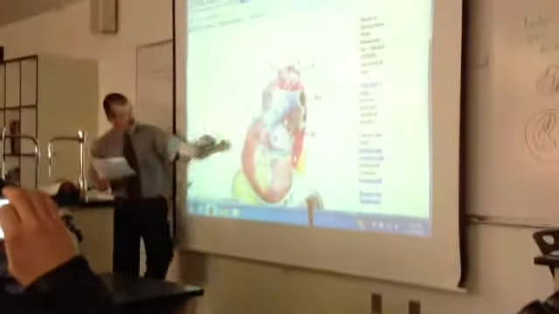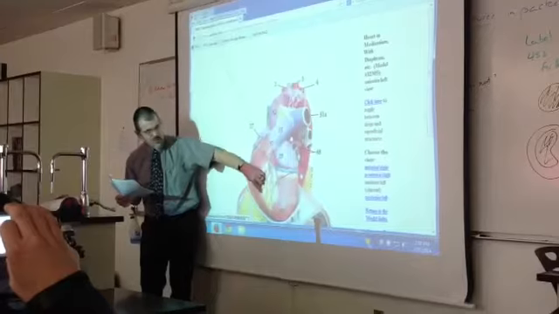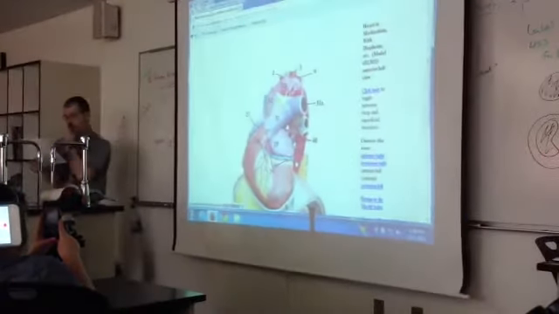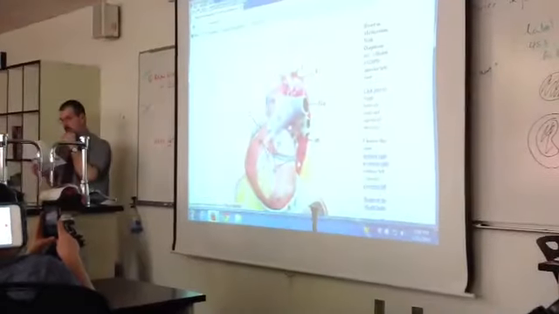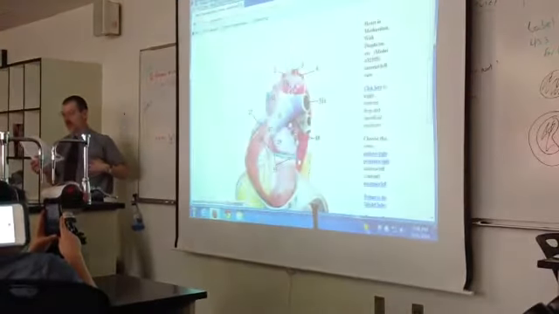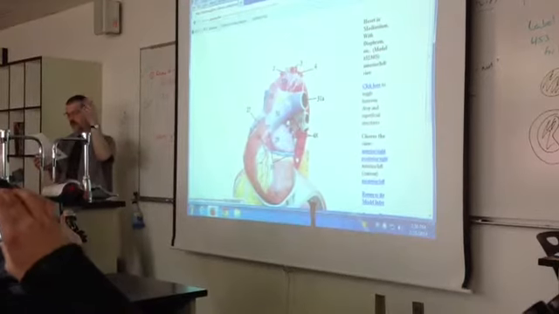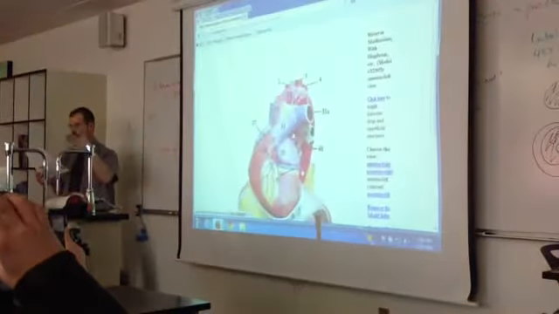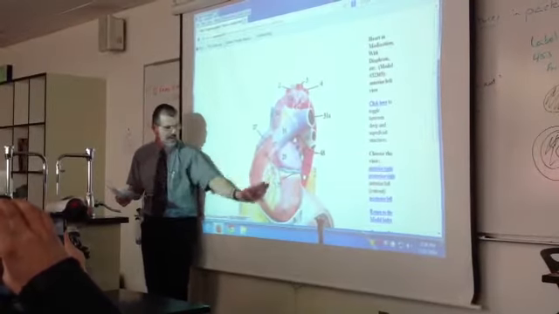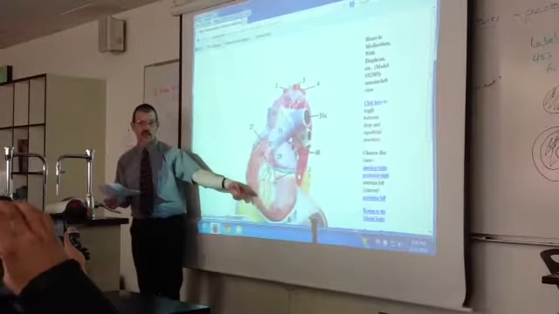Then, part of it goes down the front of your heart. How would you say down the front of your heart? Anterior interventricular artery. In front, between my ventricles, artery. That's right here. The anterior interventricular. It goes between my ventricles in the front.